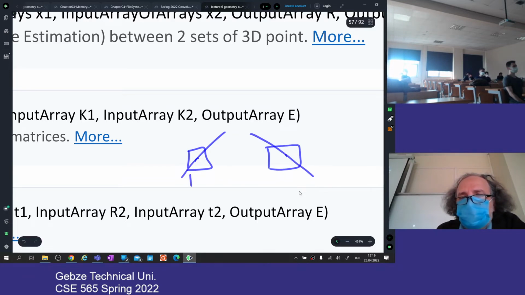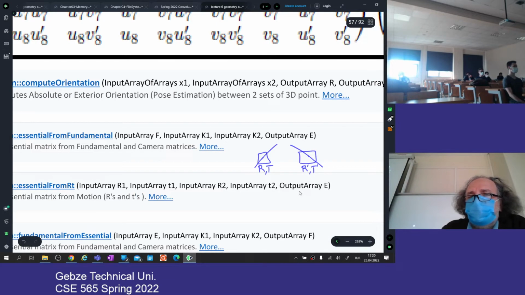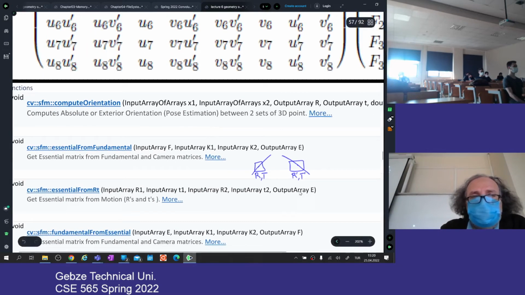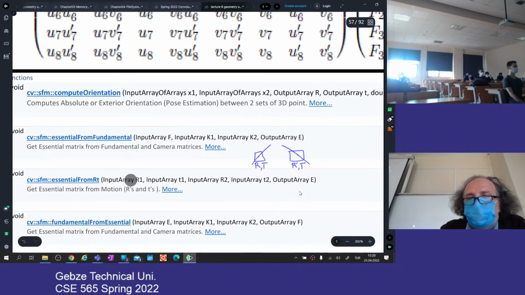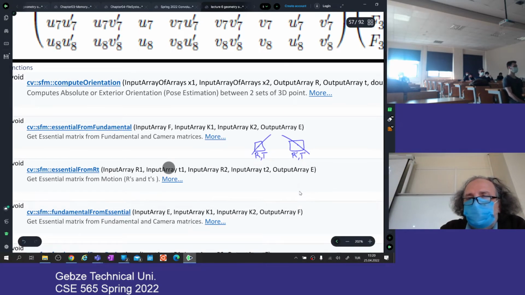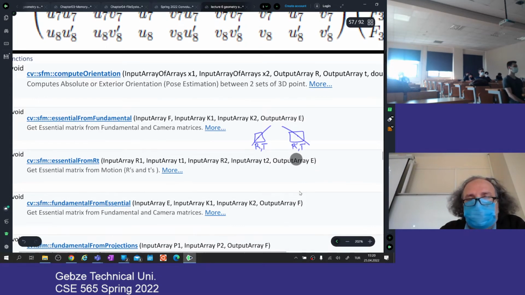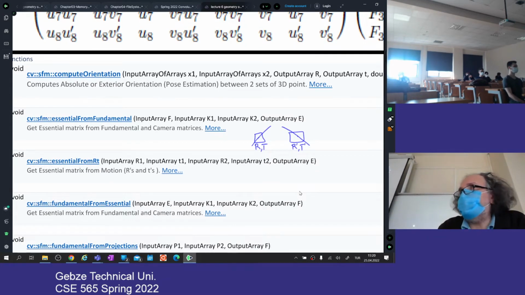If somebody calculates the rotation and translation parameters for each camera, rotation for camera 1, rotation for camera 2, translation for camera 1 and translation for camera 2, I will give you the essential matrix.